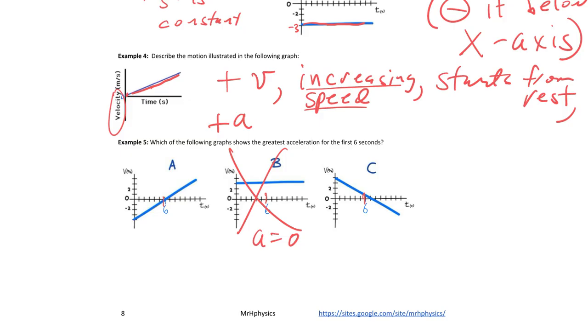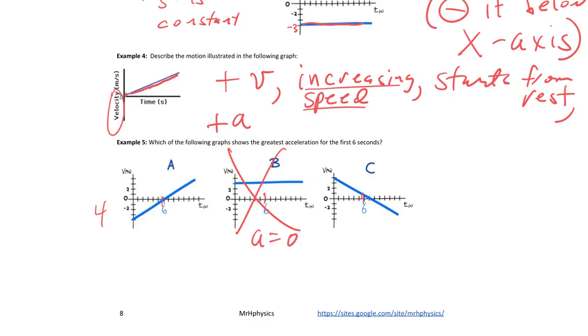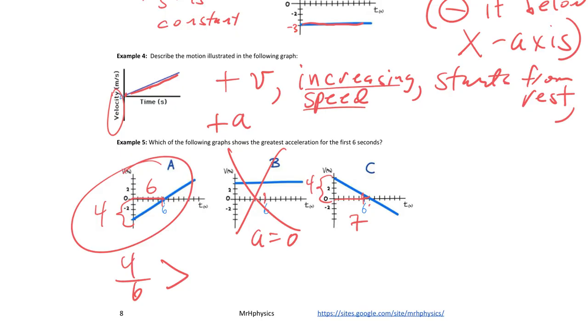They have the same rise of 4, but this run is 6 and this run goes to 7. So this guy is steeper, and so he has a bigger acceleration because the slope's bigger. 4 over 6 is greater than 4 over 7.